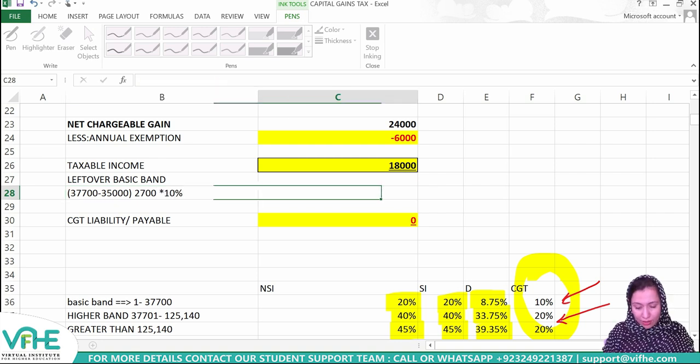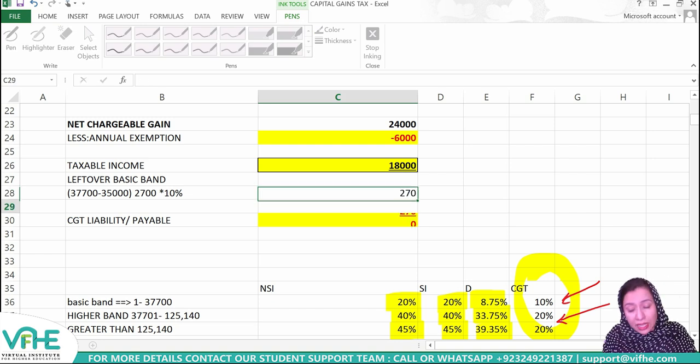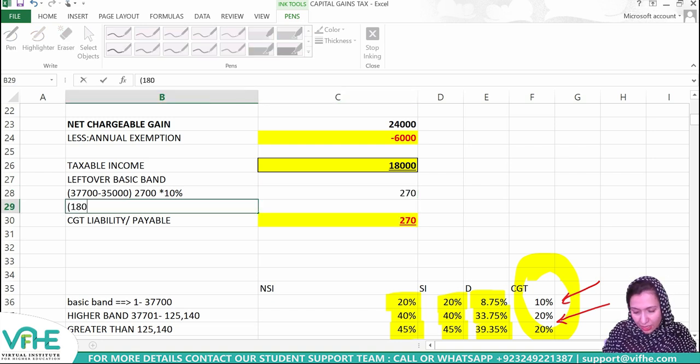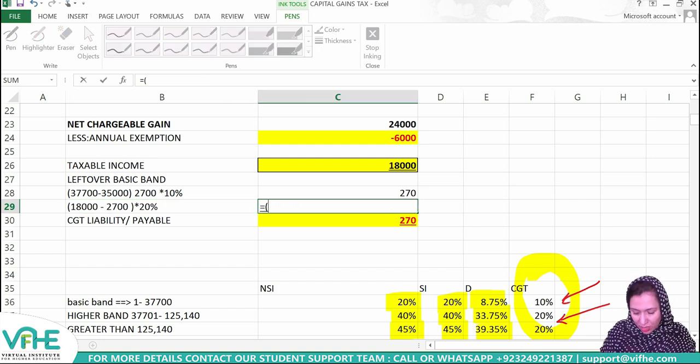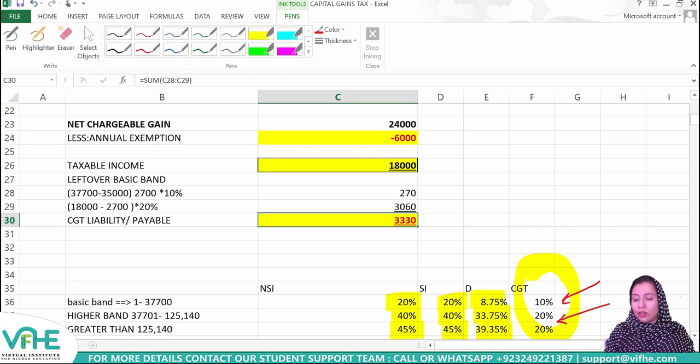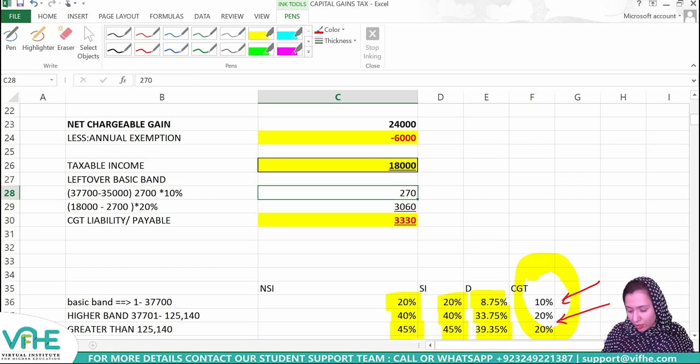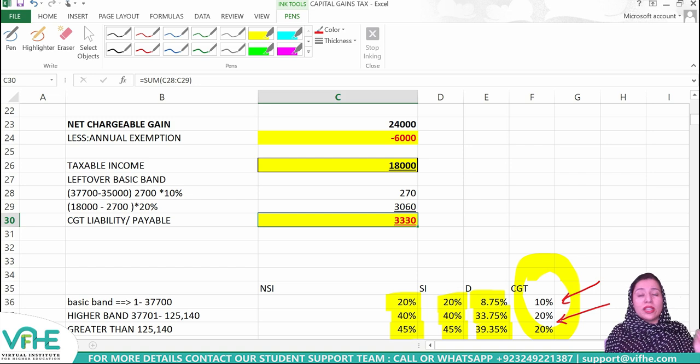So that would be 270 pounds. While the remaining gains, as 2,700 has already been taxed under the basic rate band, are going to be taxed at the higher rate of 20%. So this would be 3,060 pounds. Altogether, 270 and 3,060, triple 30, 3,330 pounds is our capital gains tax liability for the current tax year.